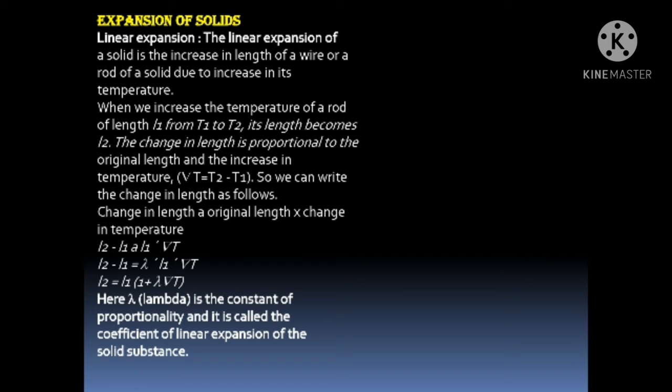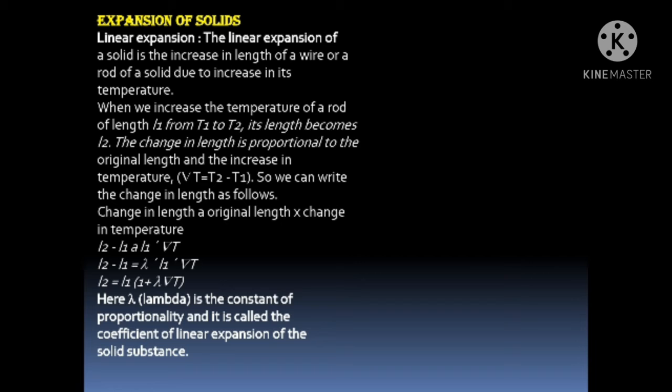Suppose, students, we have a rod and its length is L1 at the initial stage. Not giving any heat, not changing the temperature, we have the length as L1. Now we will supply heat to that rod. After supplying heat, it will expand. When we talk about linear expansion, the length increases.